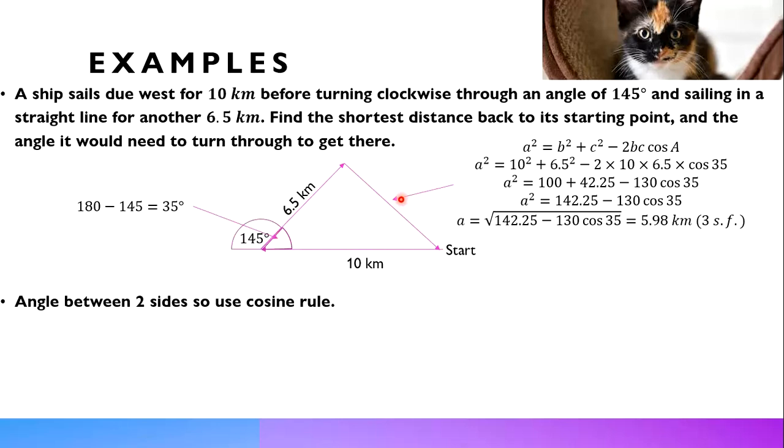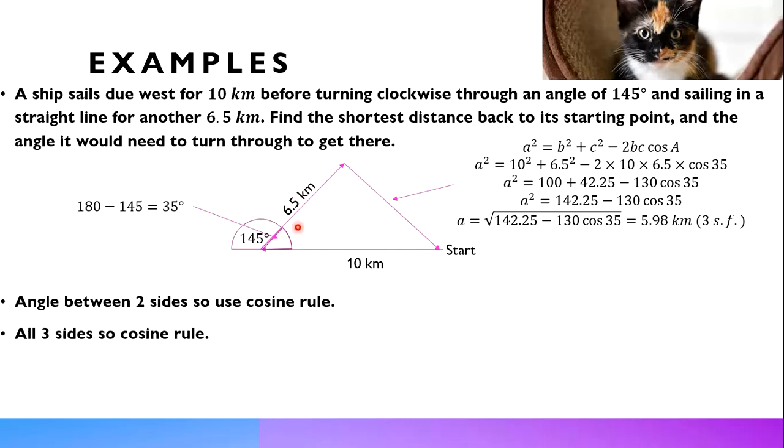So a squared is equal to 100 plus 42.25 minus 130 cos 35, which is 142.25 minus 130 cos 35. So a is equal to the square root of 142.25 minus 130 cos 35, and that is 5.98 kilometres to three significant figures. So that is the length of this.